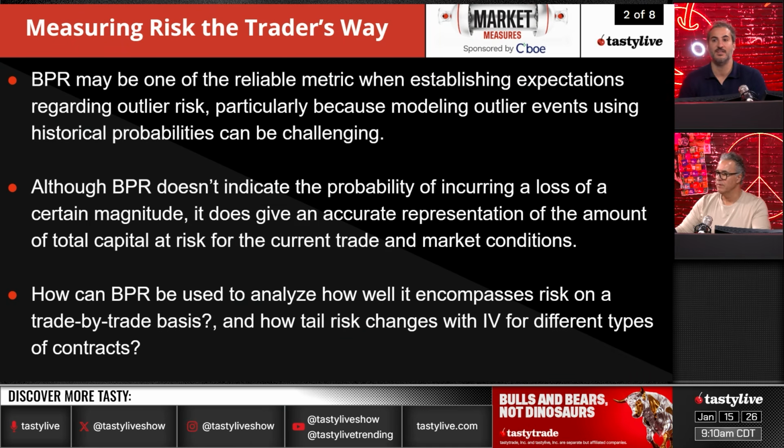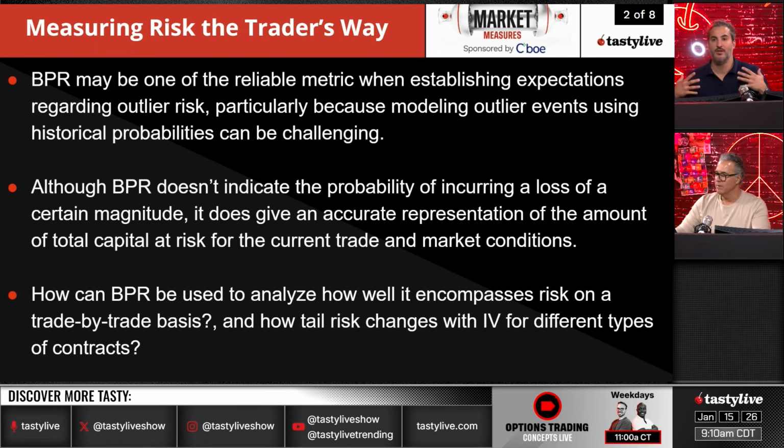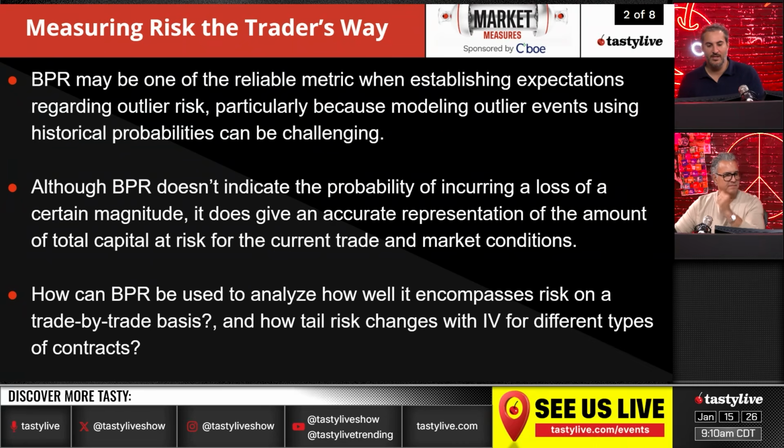Although buying power doesn't indicate the probability of incurring a loss of a certain magnitude, it does give us an accurate representation of the total risk that is reasonable to expect on a position. How can buying power be used to analyze how well it encompasses risk on a trade-by-trade basis? We're going to look at how accurate buying power is at gauging risk on your position, and how that changes with implied volatility, which is the second part of our analysis today.